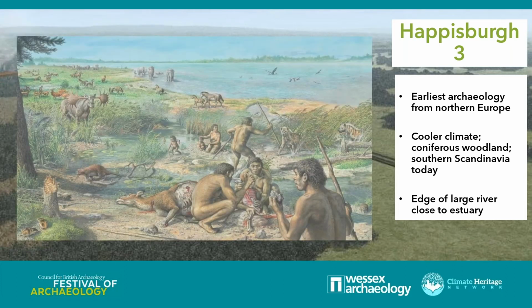It was a cooler climate, a boreal environment, similar to southern Scandinavia today. So what this was showing is that humans were able to tolerate a much wider range of environmental conditions very early on. Similarly, it's a site located on the edge of a large river, close to an estuary, which would have gone out with the land extending slightly further out than it does today into the area that is the North Sea.